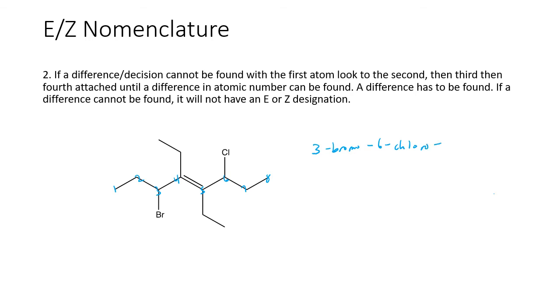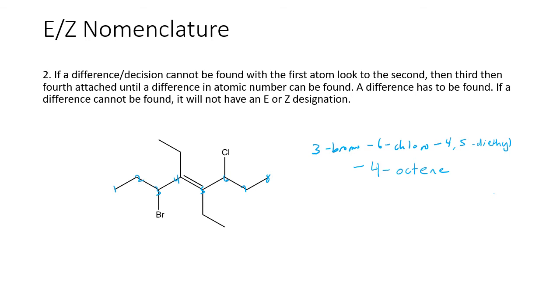We have 2 ethyl groups, 4,5-diethyl. And then moving down here, because I'm out of room, hyphen. Position of our double bond, it's at number 4. So we're going to have 4-octene. Okay, so that's the part we already know how to do.